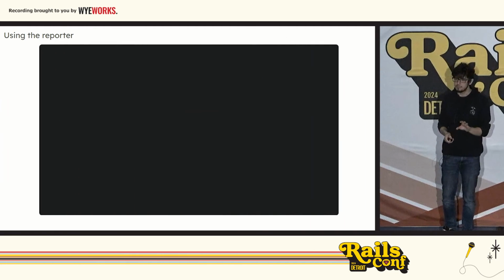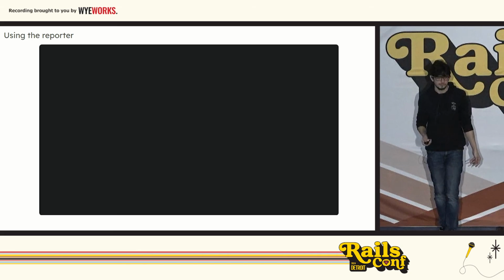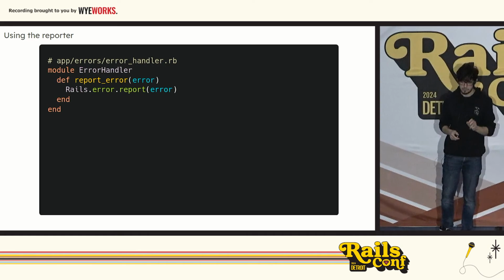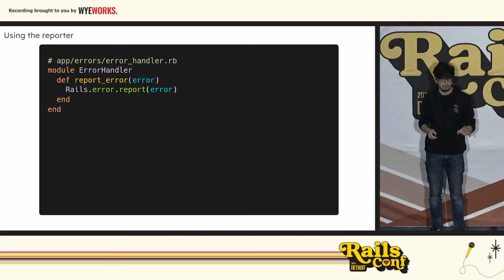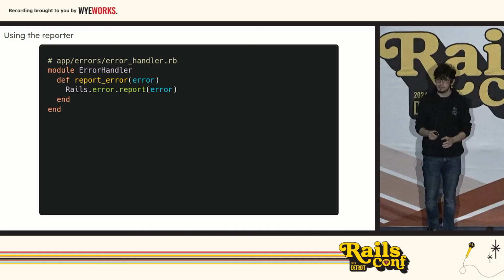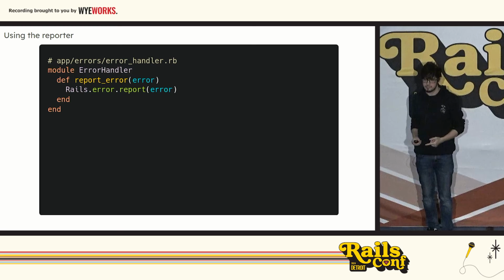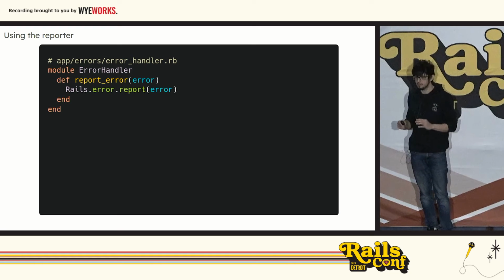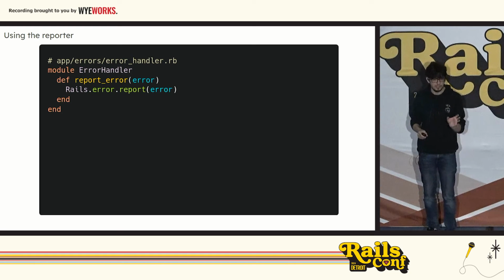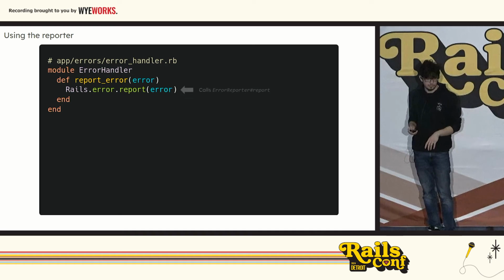Okay, so now that we have this reporter, how do we actually use it? The next step is to create a module called ErrorHandling that is going to have a report_error method. Note that here we don't need to pass all this metadata about the error, like where it happened, what the code was, or what the severity was. You don't need to pass any of those to Rails. You just need to pass the actual error object.